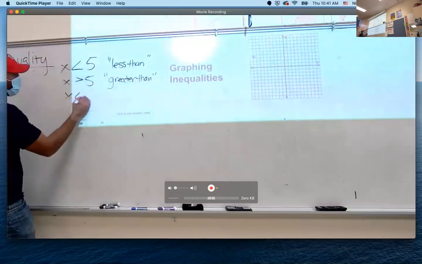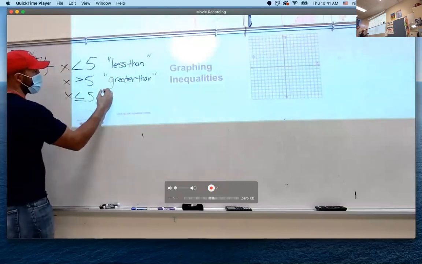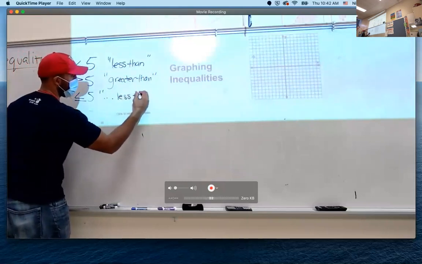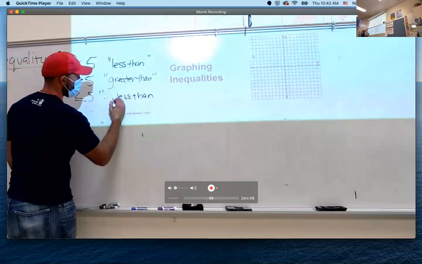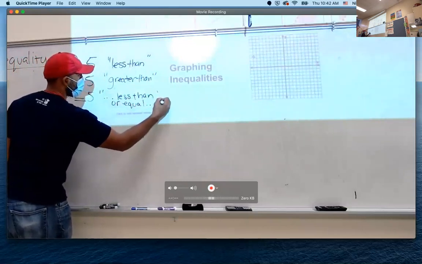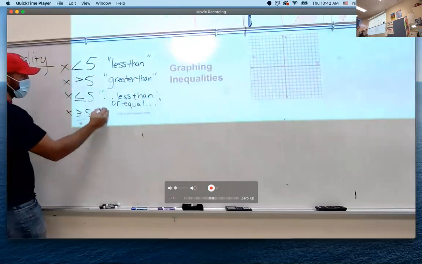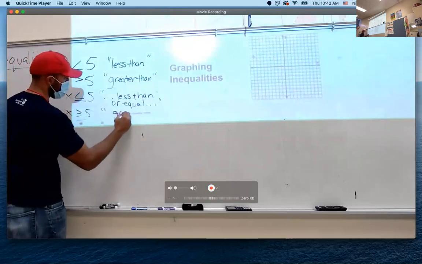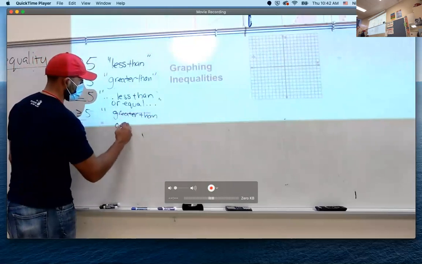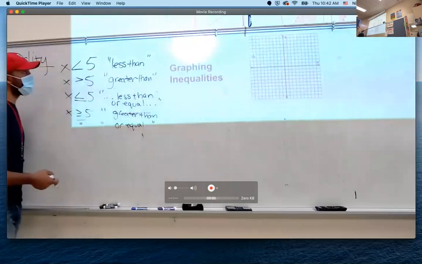If it's this one, we'll say x is less than or equal to. And then the opposite, it's the same thing here: x is greater than or equal to. We want to make sure we know at least how to say it first.